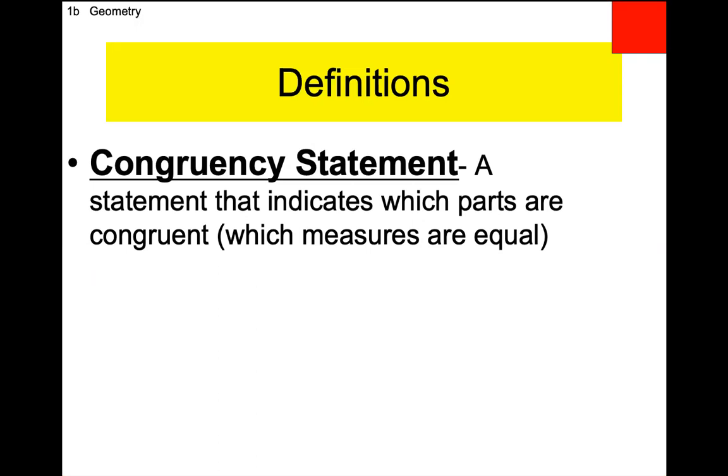If you have congruent figures, you've got to tell the reader which parts match up. This is like the gold standard right here. When you get a congruency statement, you're like, oh, thank God I got a congruency statement, because it's really simple to match things up. I don't need to look at a picture because I have the congruency statement. And even though we're going to be dealing with triangles mostly, this also applies to any polygon.